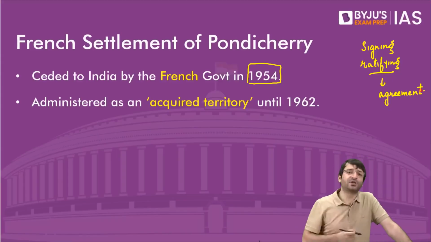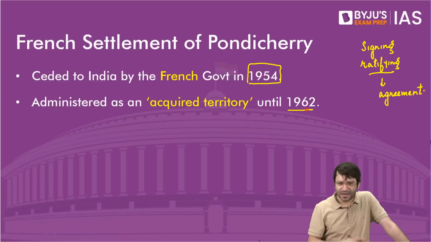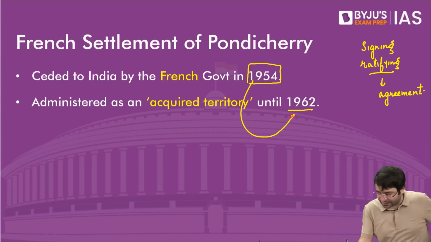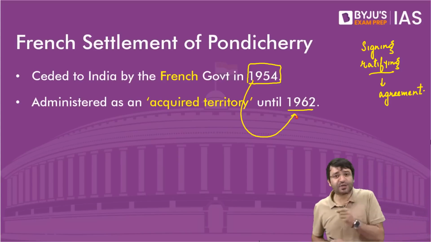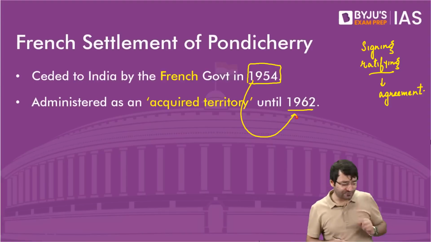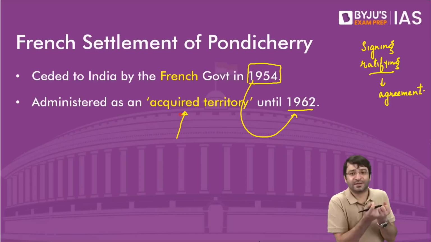This ratification by the French parliament happened only in 1962. It took some time, which means between 1954 and 1962, Pondicherry, which is now Puducherry, was administered by the government of India as an acquired territory because we had acquired this territory.